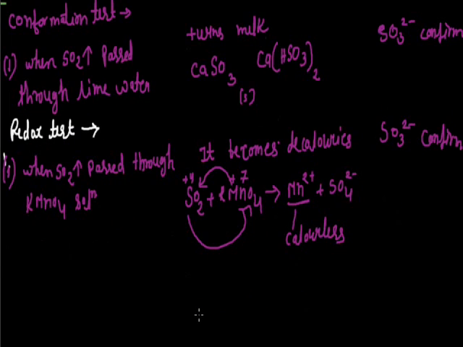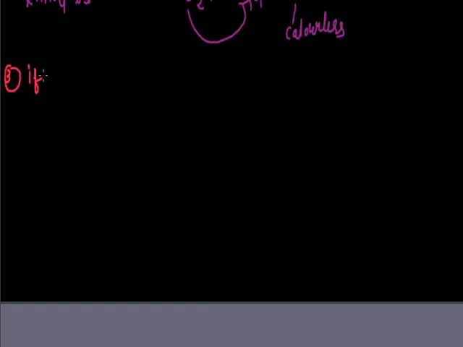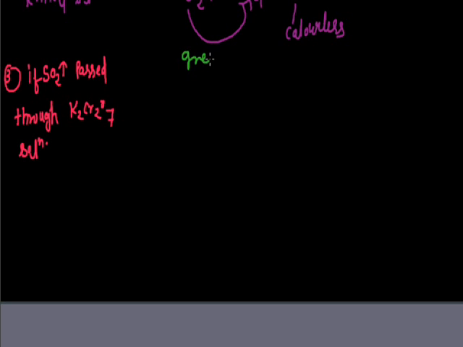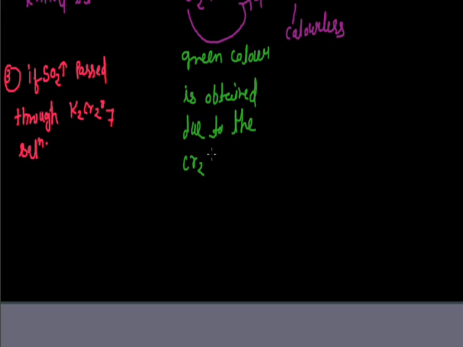Now the next redox test. If SO2 gas is passed through potassium dichromate solution, which is orange in color, then a green color is obtained due to chromic sulfate.